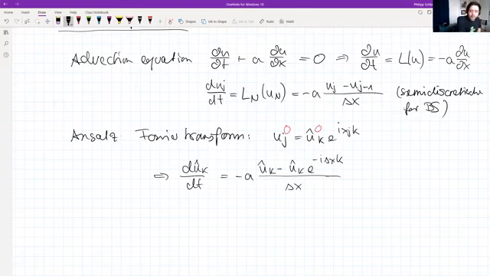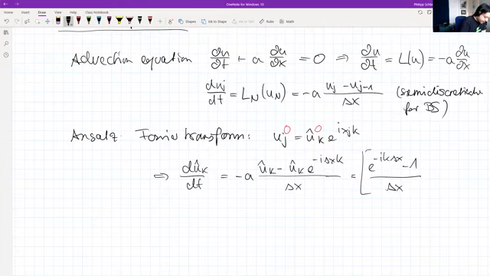So I just plugged in the Fourier transform. Of course, this I can write now in the following way: minus a times e to the minus I k delta x minus 1 divided by delta x times u hat k. There must be an a somewhere, there's an a here as well.